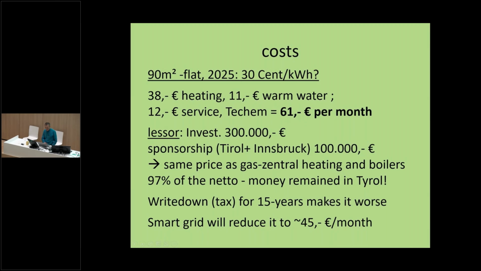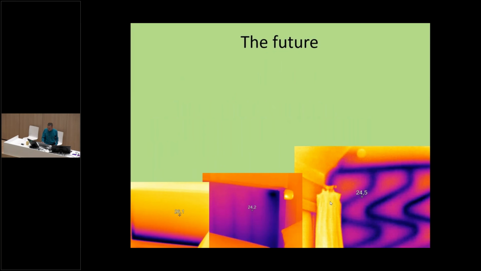And the remaining cost for me were about 10,000 euros per flat. So for me, it's no business, but I think it's an investment for 30, 40, 60 years. The future is now.